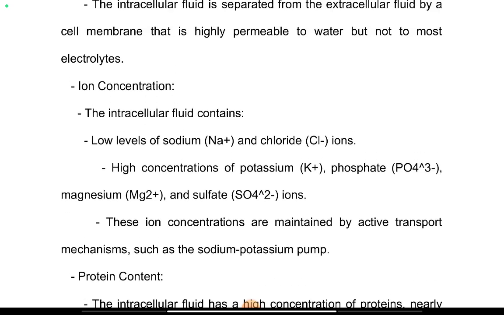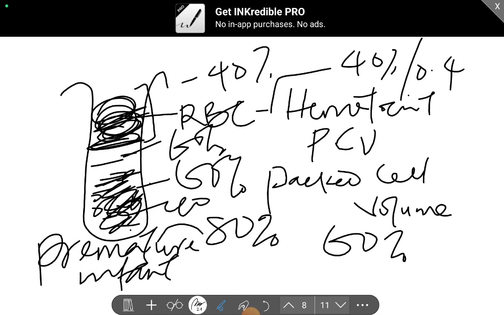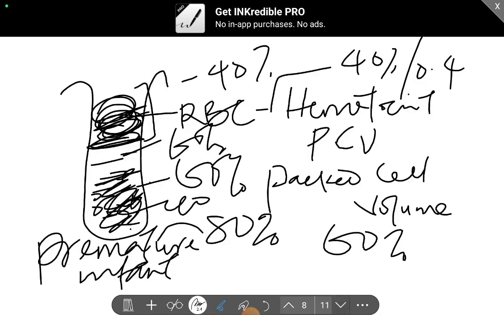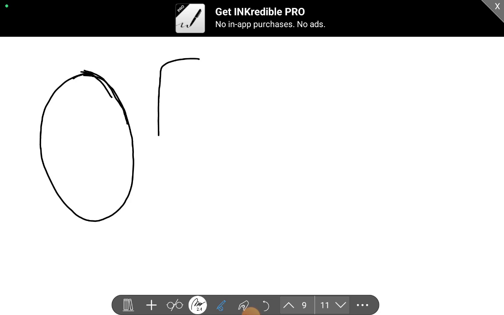I still need to explain this. Though I've explained it earlier, let me make more emphasis on it. Let's say this is the capillary, and this is the cell, and in between them is the interstitial space.